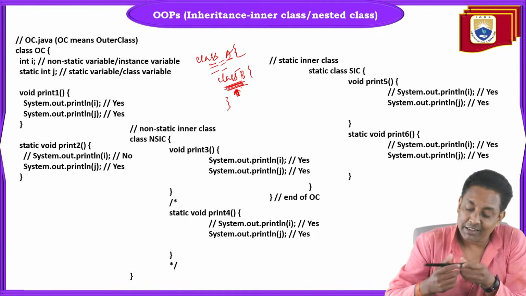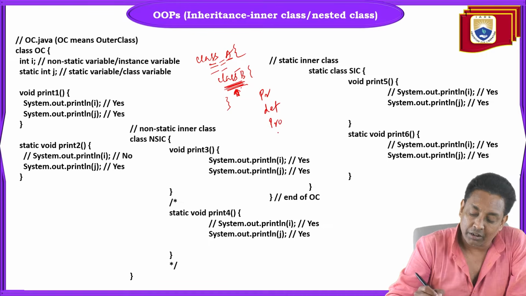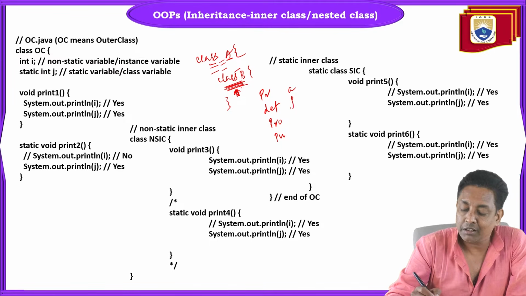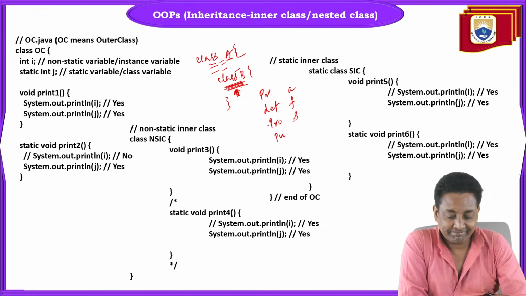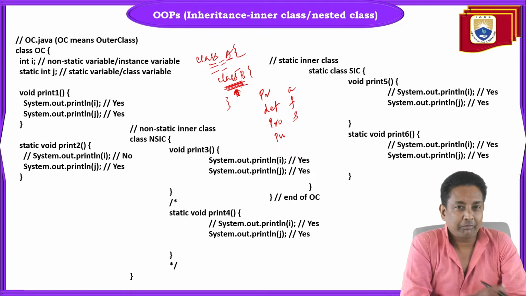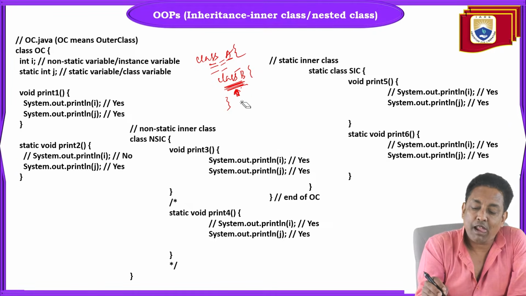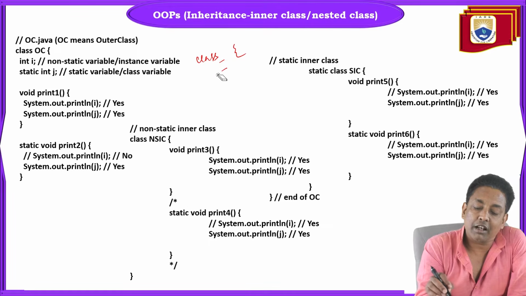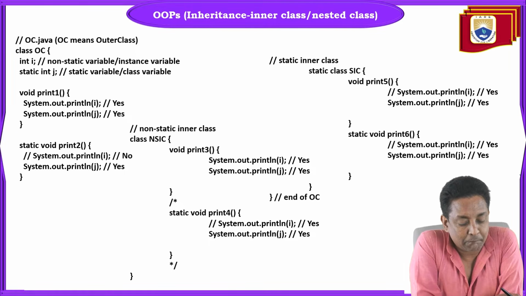And an inner class can be private, default, protected, public, abstract, final, or static. And in a class we can write both static inner classes and non-static inner classes, isn't it?